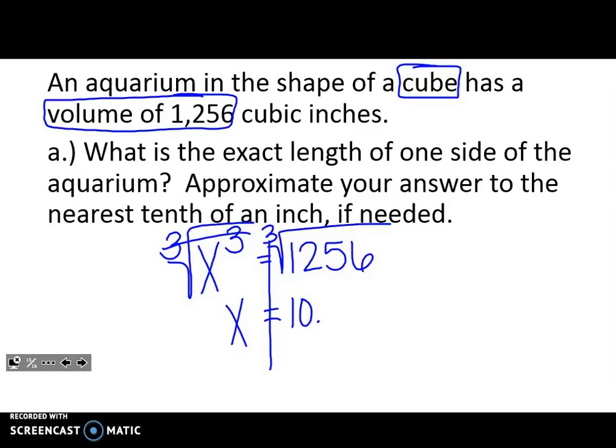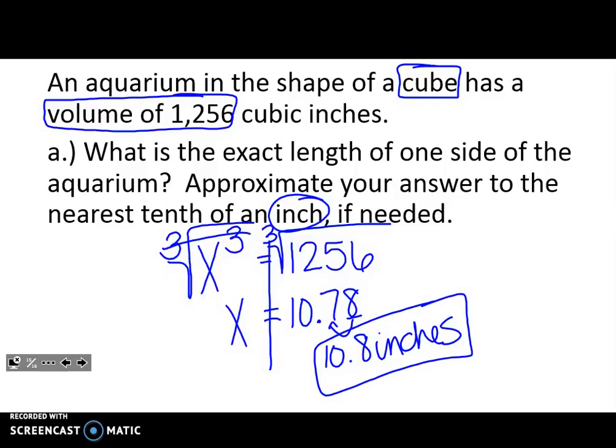So I get 10.78. The 8 tells me to round my 7 up, so I get 10.8. And my label is inches. So one side of that aquarium is 10.8 inches.